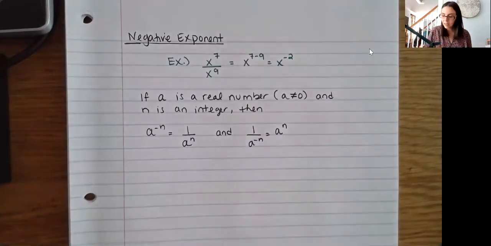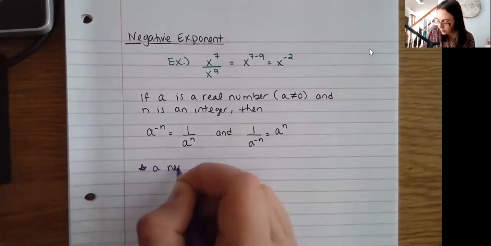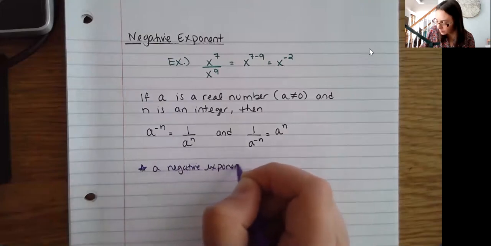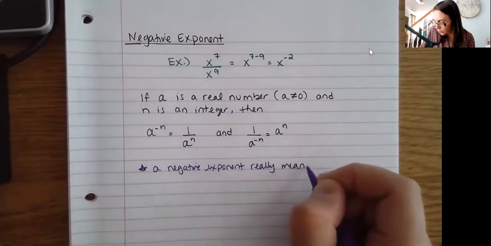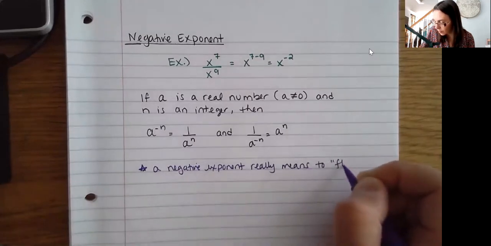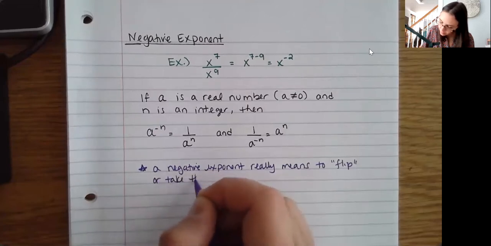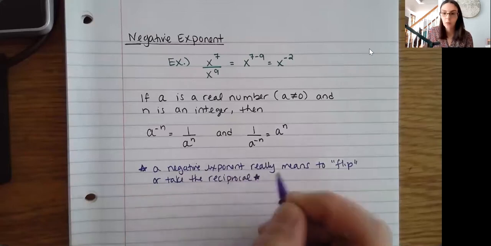So what we're seeing here is that a negative exponent really means to flip or take the reciprocal, if we're talking more formal definitions.